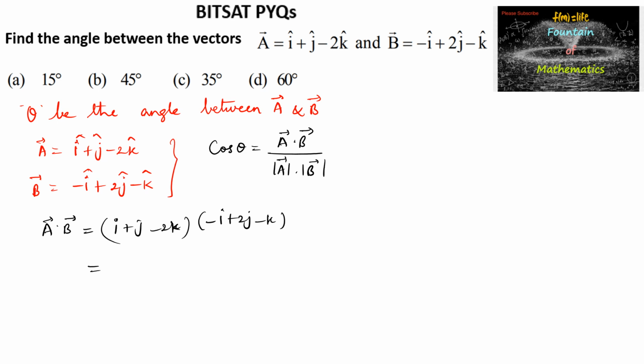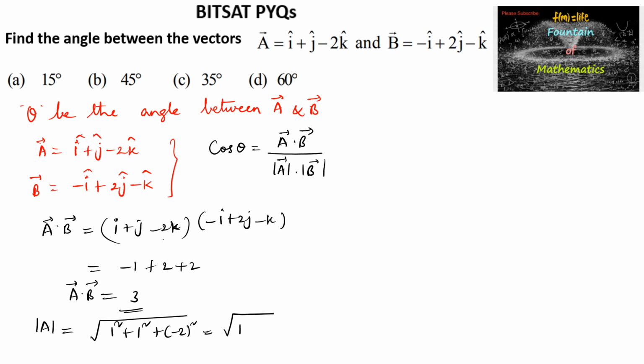So we can add 1 into minus 1, plus 1 into 2, that is 2, and minus 2 into minus 1 is plus 2. So we can add 2 plus 2, 4, 4 minus 1, 3. So A dot B is equal to 3. And also let's find mod A, which is equal to under root of 1 square plus 1 square plus minus 2 whole square, which is equal to root of 1 plus 1 plus 4, that is root 6.